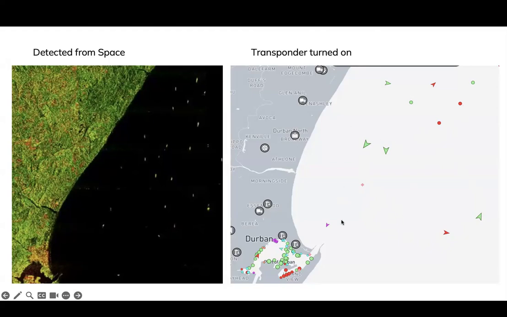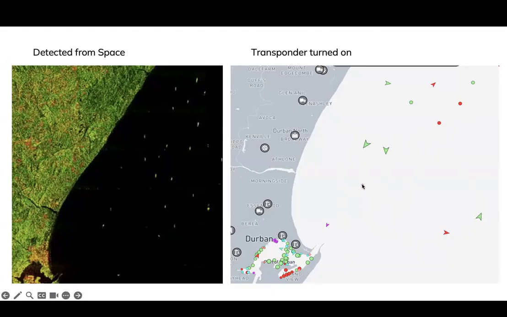This is the website where they collect the data, because when they turn their transponder on, it'll say, I am, let's say, a container ship, this is my name, and this is where I'm traveling. I'm expected to be in Durban Harbour on this particular day at this time, or whatever it may be.